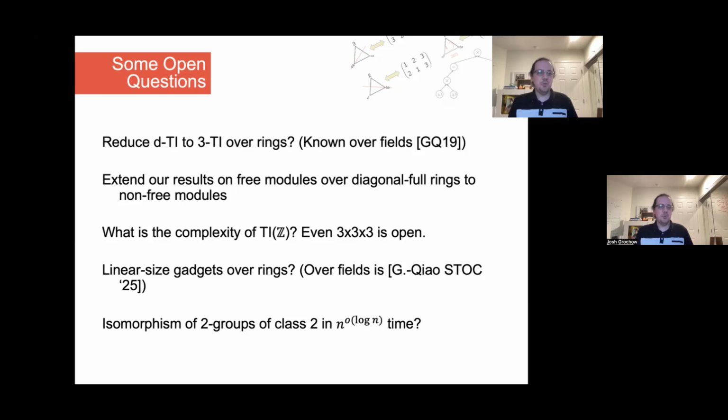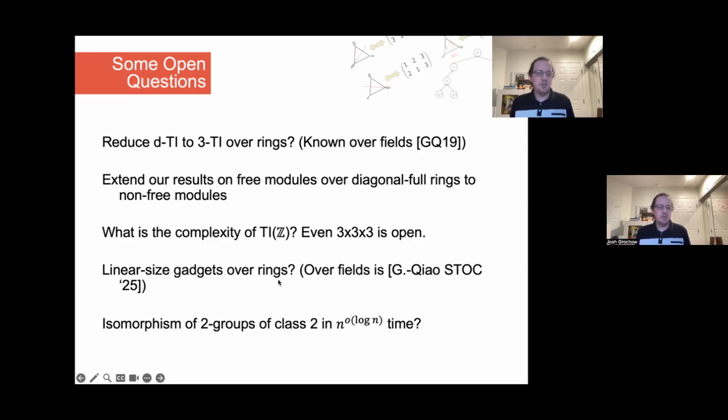We can also ask, Grunwald and Segal showed that tensor isomorphism over the integers was computable, but they didn't analyze its complexity. So there's a question still of what is the complexity? And as far as we know, even just the complexity of 3 by 3 by 3 tensors over the integers is already open. We showed that for 2 by 2 by 2 tensors, it's open, but it's equivalent to a well-known computational number theory problem. For 3 by 3 by 3, we just don't know.